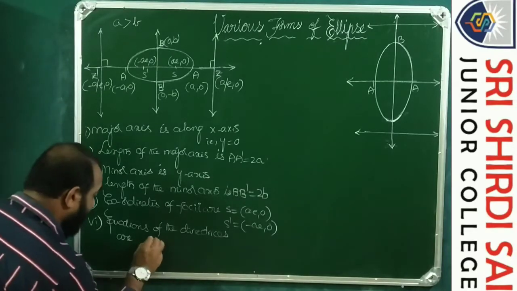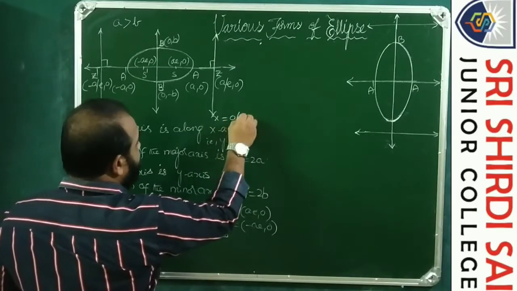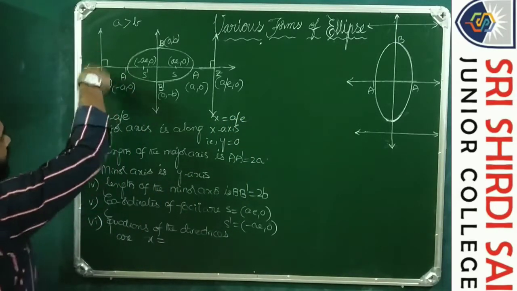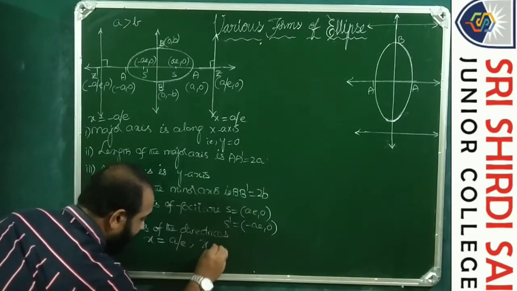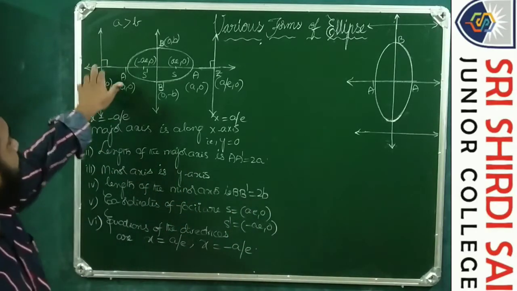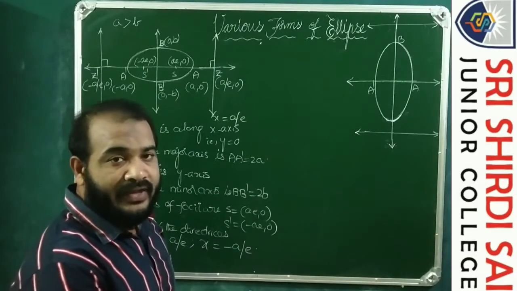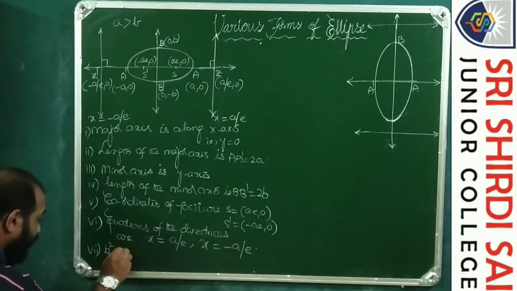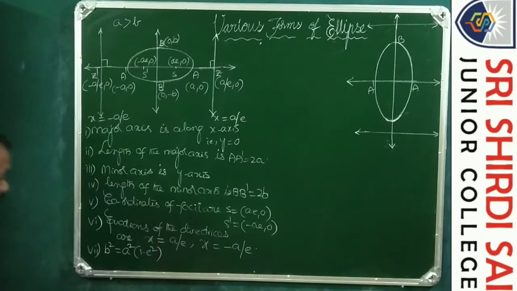So x equals A by E and x equals minus A by E are the equations of the directrices. What is the condition between A, B and E? B square is equal to A square into 1 minus E square.